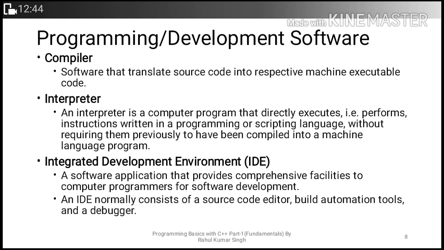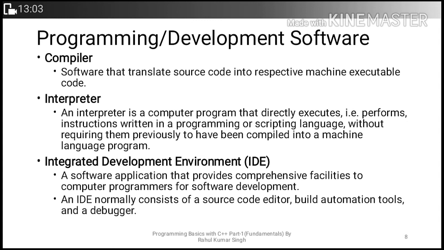An interpreter is also used for the same purpose, and later I will discuss the differences between compilers and interpreters. It also translates and executes at the same time, line by line. I'll let you know just after this slide.